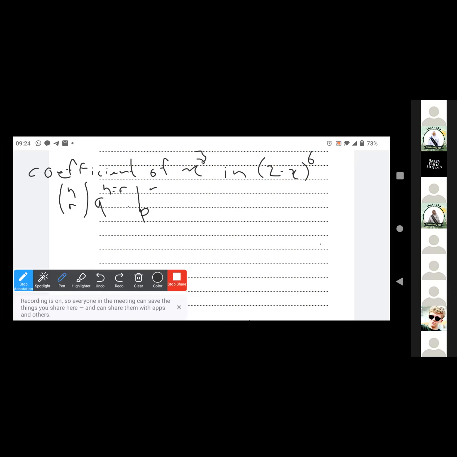Kemudian, so we put the appropriate term in this formula or in this form.